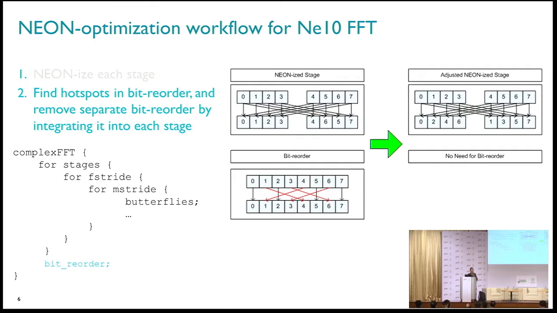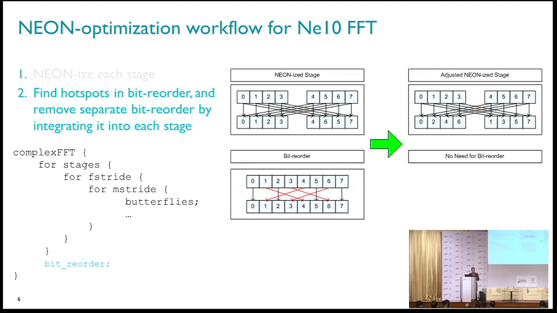So we adjust our algorithm. In the old algorithm, we take the element from maybe 0 to 4, and after the operation, we store them to 0 to 0 and from 0 to 4.